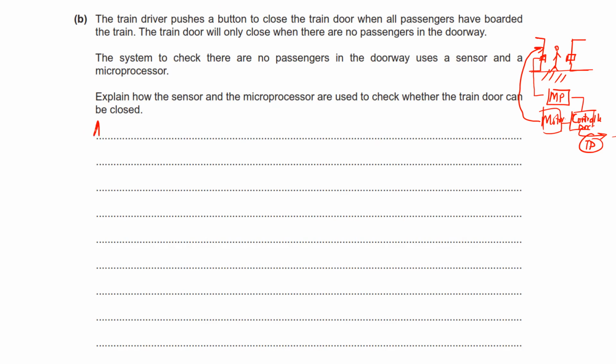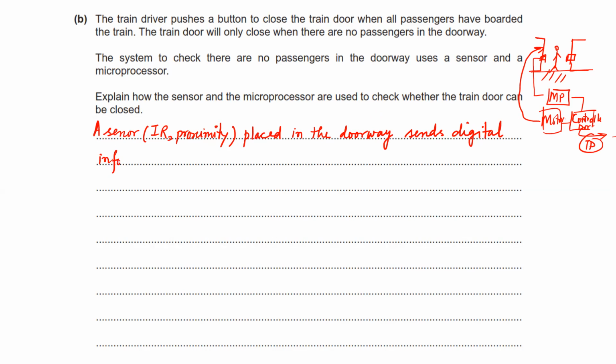A sensor, which can be an IR proximity sensor, placed in the doorway, sends digital information to the microprocessor.